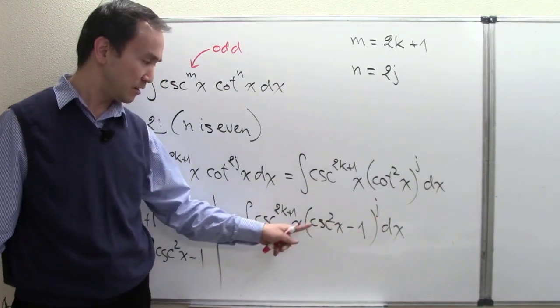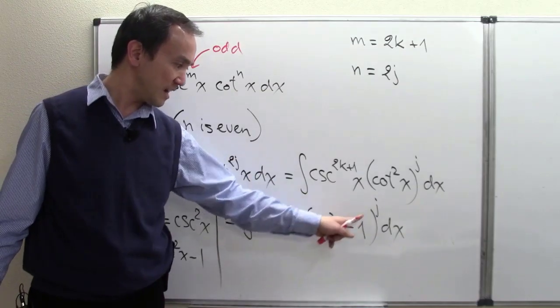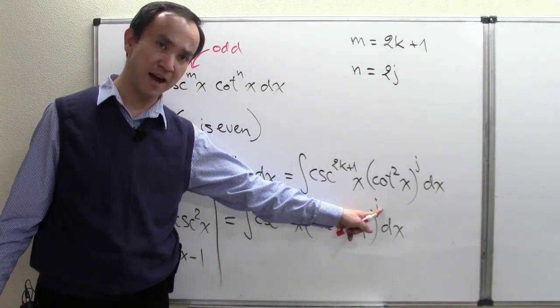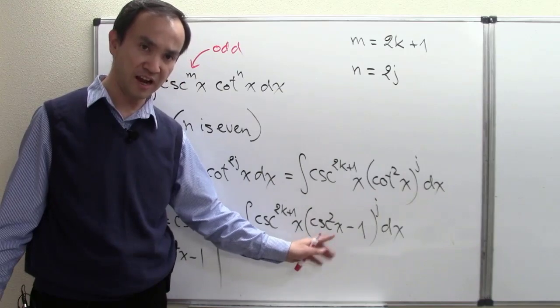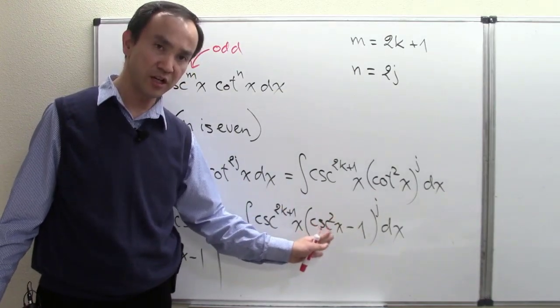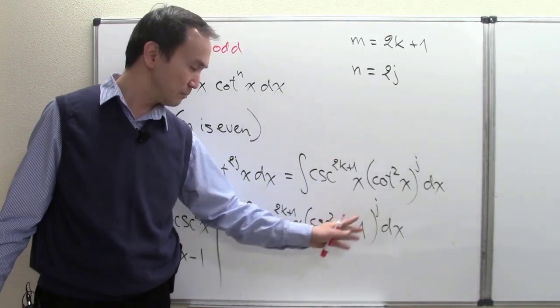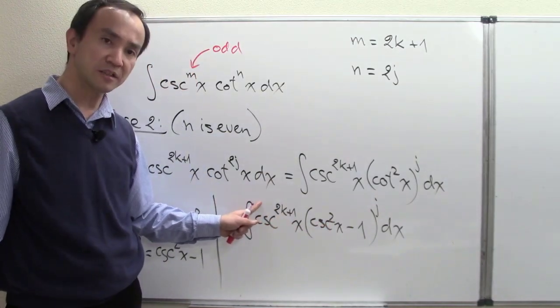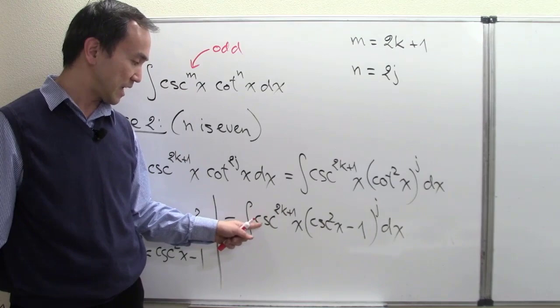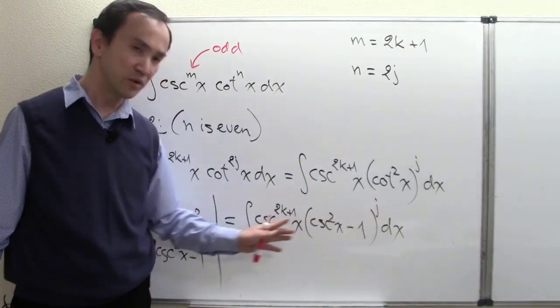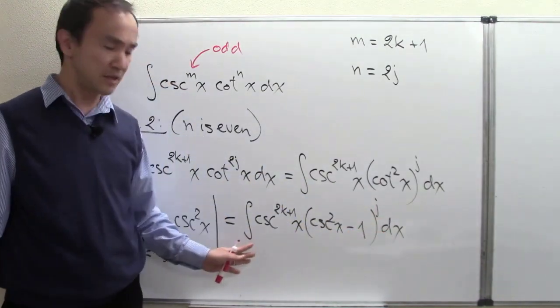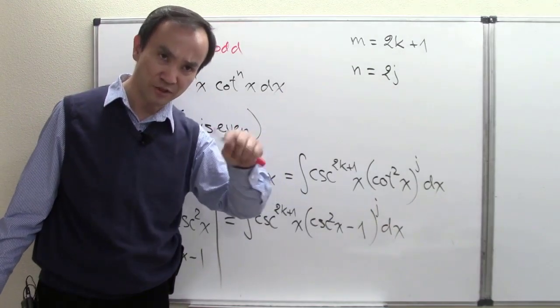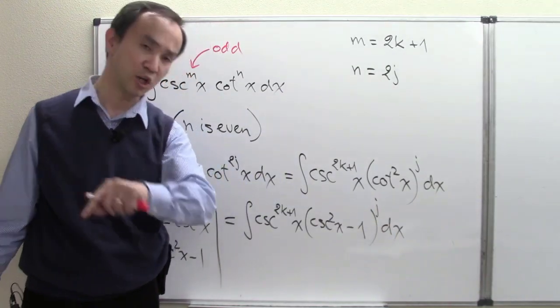After expanding that jth power of this binomial, you're going to encounter multiple terms, but each term is simply a power of the cosecant, and we're going to distribute that power for each of the terms. So we're going to have a polynomial in terms of the powers of the cosecants.